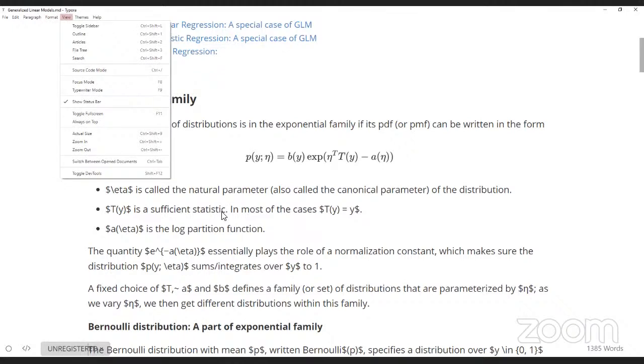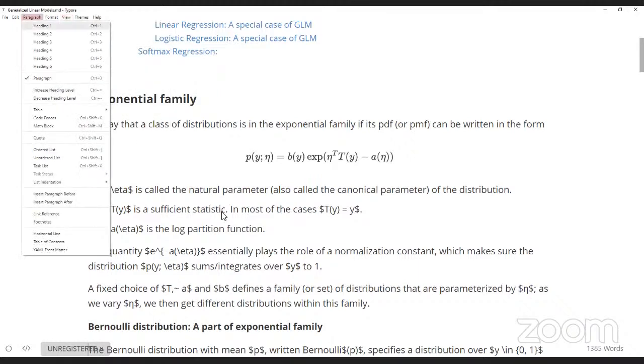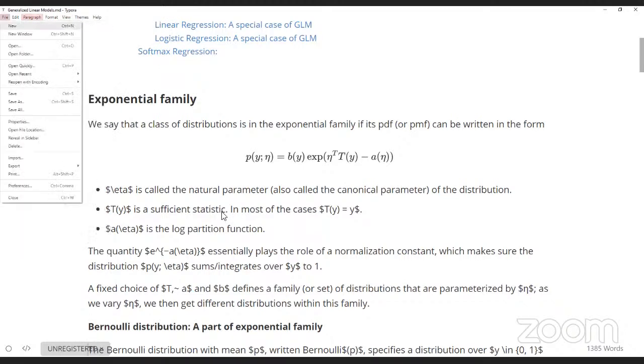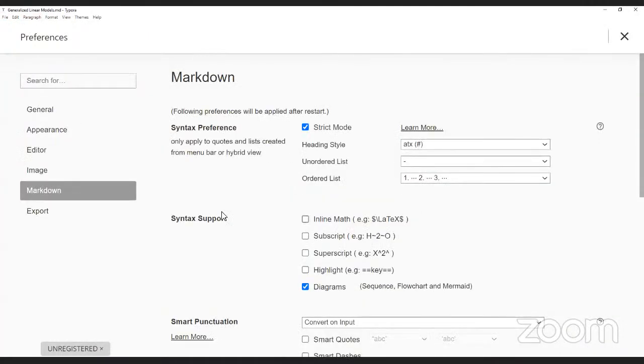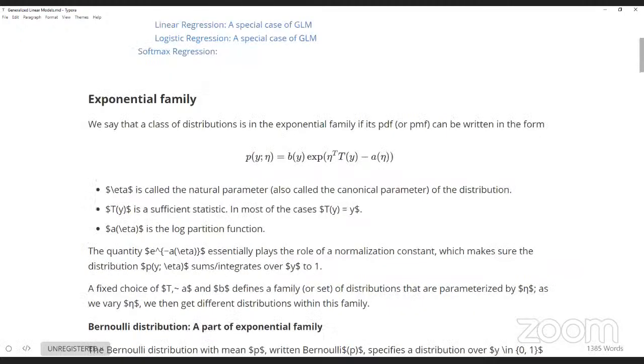What is that test statistic? It's something which describes the data, like mean, variance, or something.